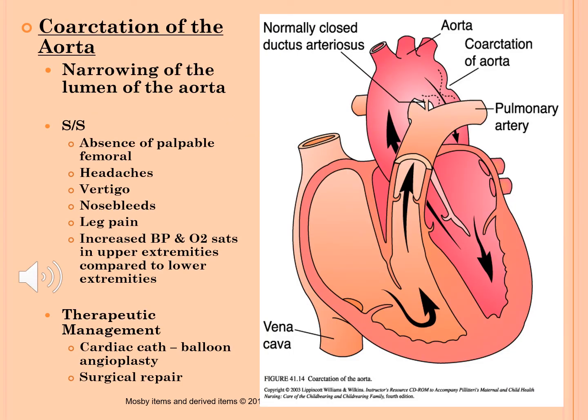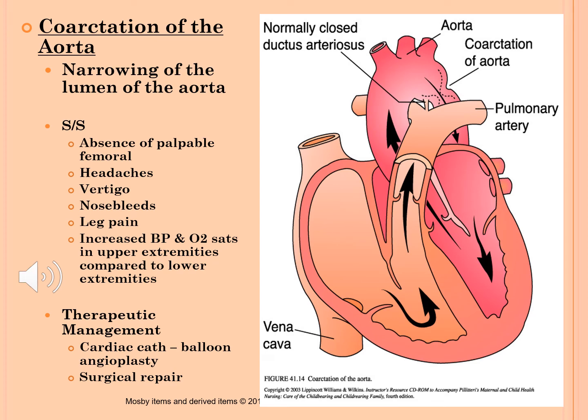Our first defect that we're going to talk about with obstruction to systemic blood flow is coarctation of the aorta, often referred to as COA. It is an acyanotic defect. It's not the traditional left to right shunting of blood that you think of, but you've got to think about what that heart mixture looks like.